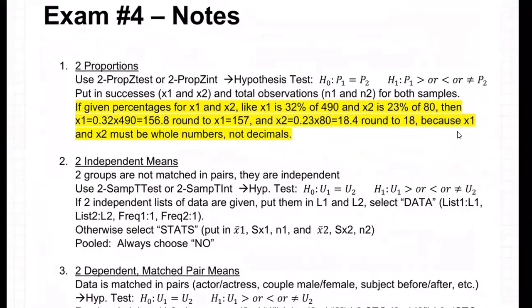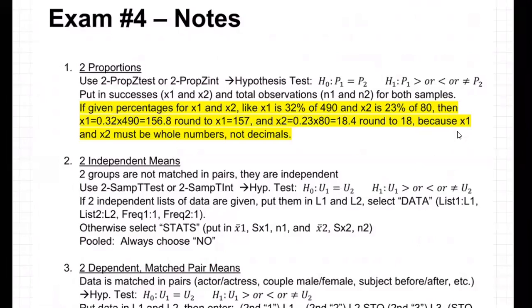So the exam 4 notes for 2 proportions say use the 2 prop Z test or the 2 prop Z interval. That's what we're going to use on this one, right? Because we have a confidence interval, not a hypothesis test. This one's for a hypothesis test because it's a 2 prop Z test, but we want the 2 prop Z interval.